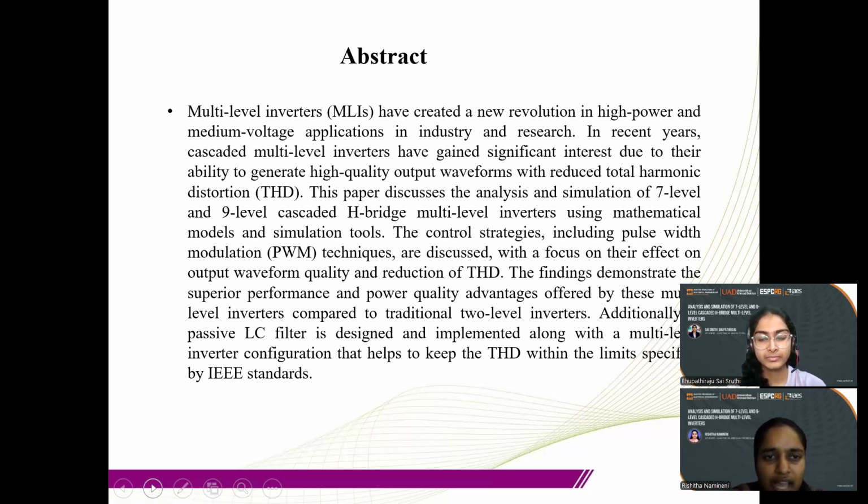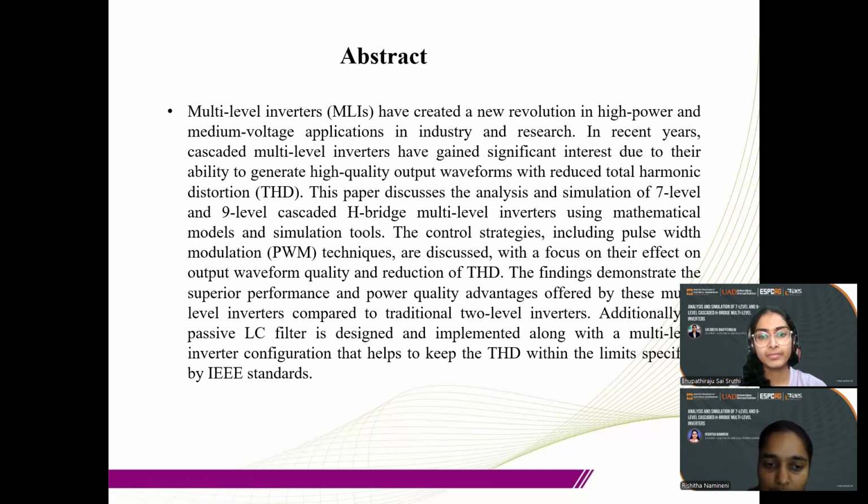Multi-level inverters have created a new revolution in high power and medium voltage applications in industry and research. So, this paper discusses the analysis and simulation of 7 level and 9 level cascaded H-bridge multi-level inverters using a mathematical model and simulation tools. The control strategies, including pulse width modulation techniques, are discussed with a focus on their effect on output waveform quality and reduction of THD.